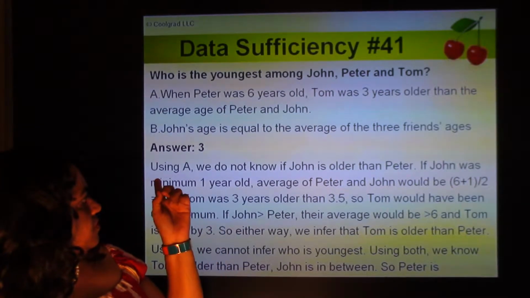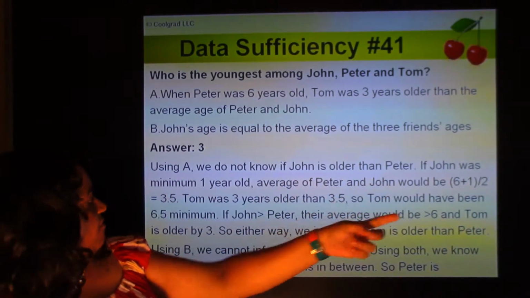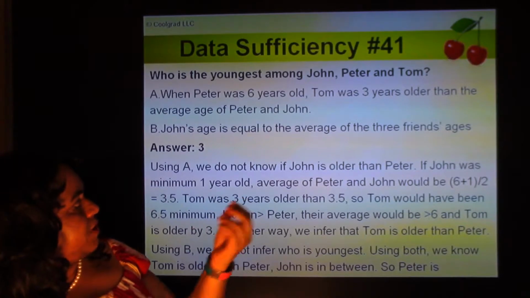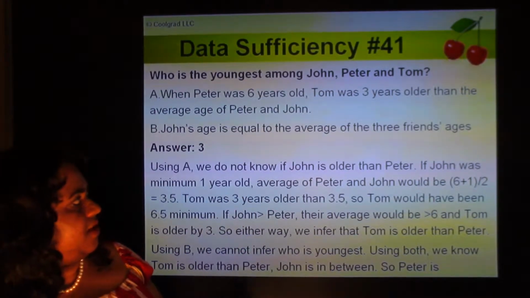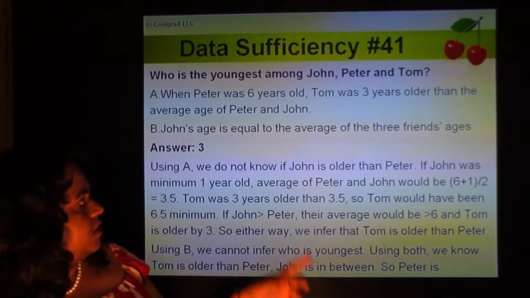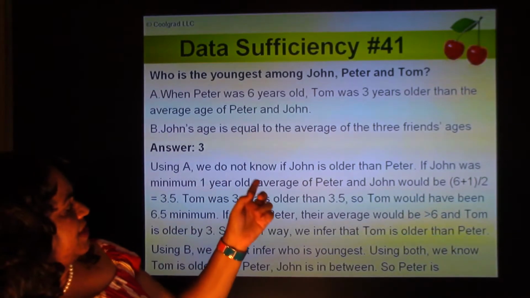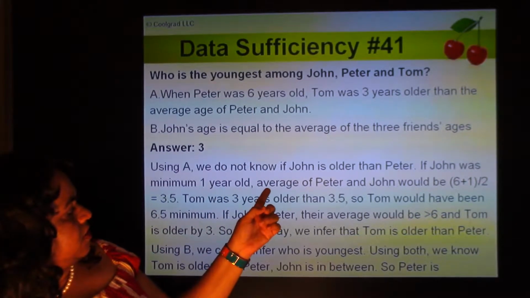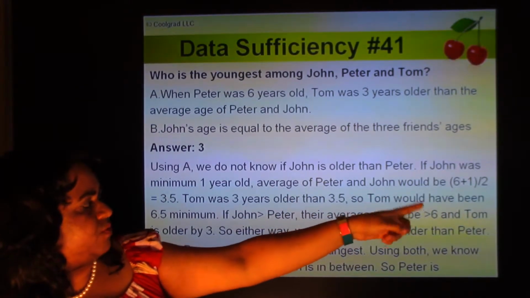So using statement A alone, we don't know if John is older than Peter. What is the minimum age that John can have? 1 year old, right? I mean, generally there's nothing like 0 years old. So if John was minimum 1 year old, Peter was 6 and John is 1. So average of Peter and John would still be 6 plus 1 divided by 2.